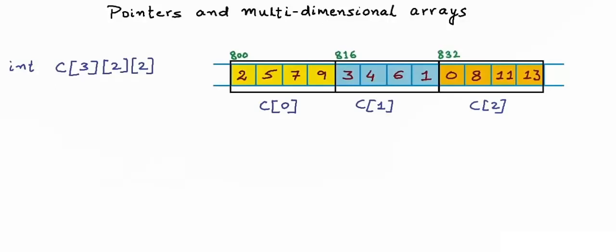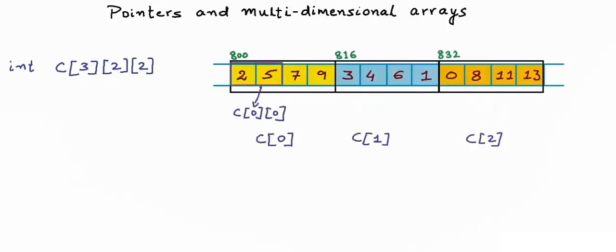We can further break down the 2-dimensional arrays into 1-dimensional arrays. The first 2 integers in C0 are part of the first 1-dimensional array C00, and 7 and 9 are part of C01. The first integer in C00 can be accessed as C000, and we can go on like this.